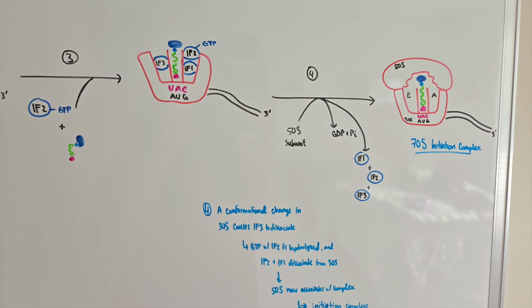So when IF3 leaves, it basically says, hey, let's come to this party, and 50S is like, sure, why not? 50S joins the party, but nobody's there because everybody left, but it's happy with 30S. So now you have 50S plus 30S, and the initiator tRNA makes that 70S initiation complex.